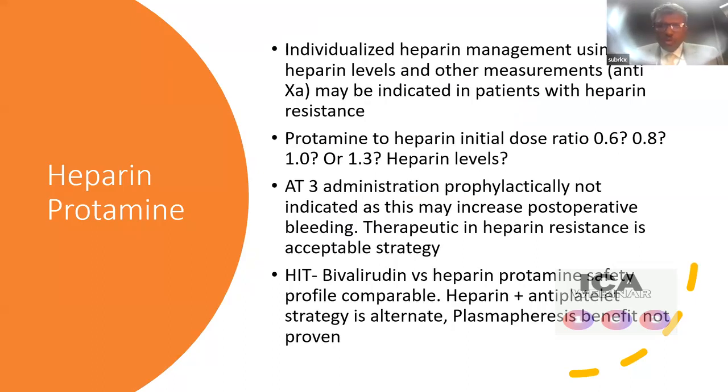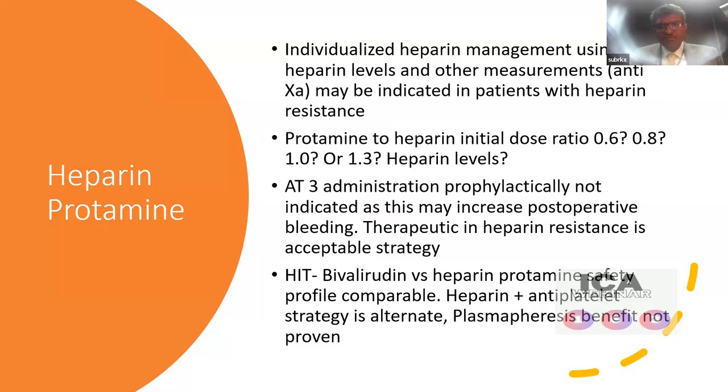You can always give more. If you give more protamine, like a 1.3 ratio, it will increase the transfusion rate. So what we use at our institution is a 0.8 to 1 ratio. If we use 100 milligrams of heparin, you use 80 milligrams of protamine to reverse.